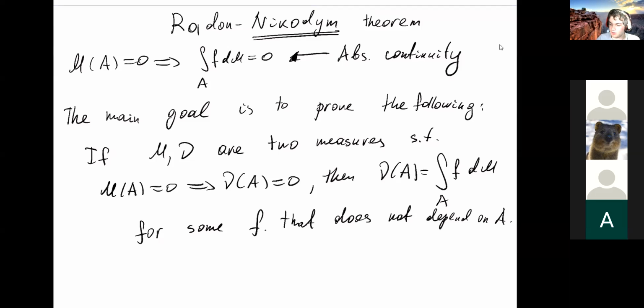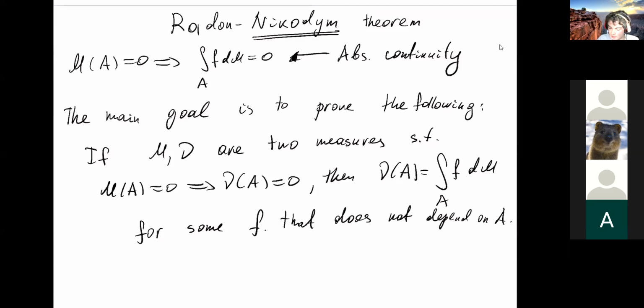However, as soon as we allow our measure to take negative values, we should be very careful about countable monotonicity, for example, or countable additivity.